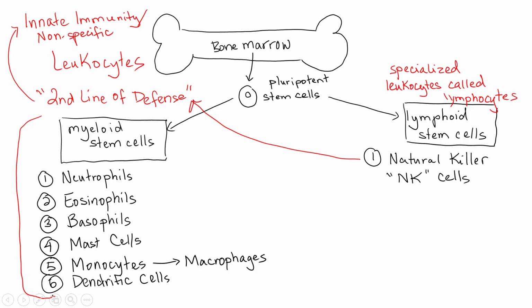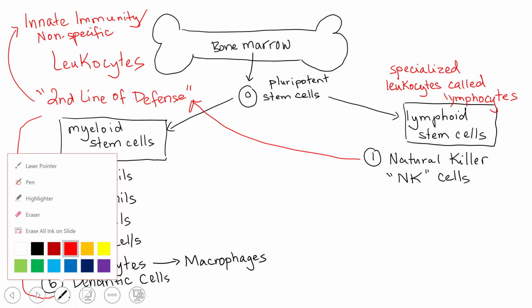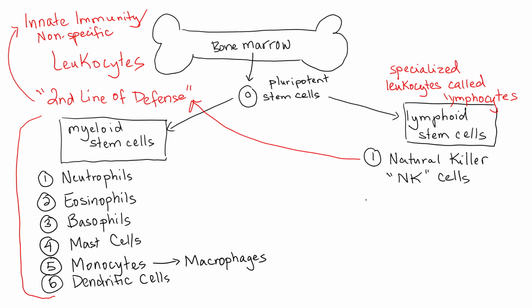So they're also innate immunity, or one-size-fits-all response to an invasion. So there's 2 more groups of lymphocytes rather. So natural killer cells, and then we have T cells and B cells.